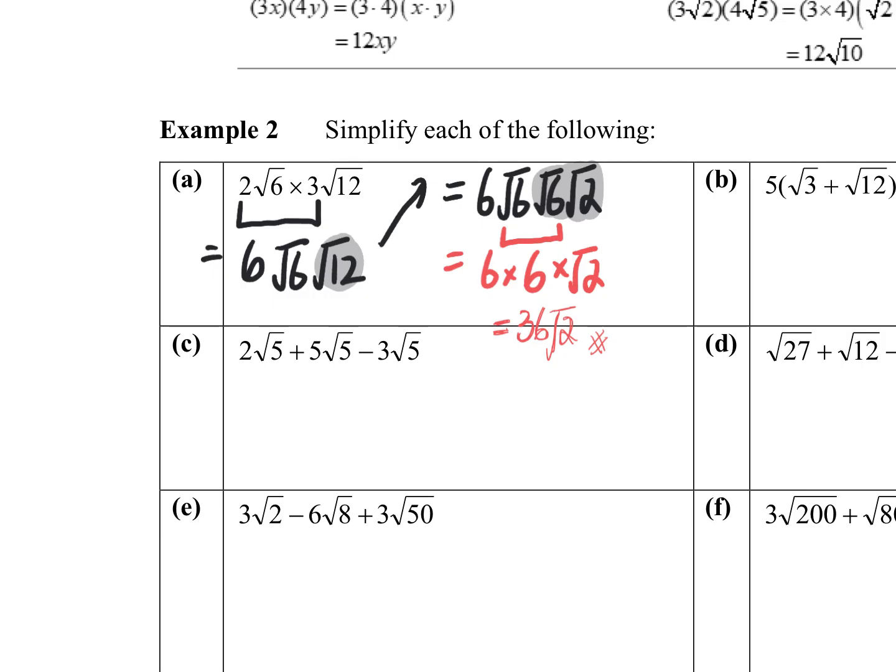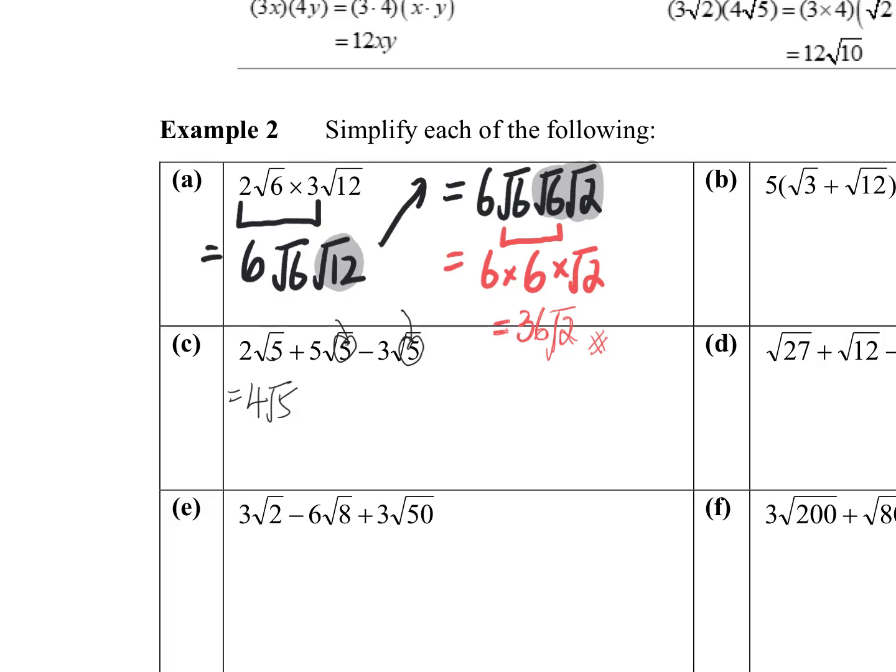Okay, so pretend root 5 is an apple or an X. Just pretend that this is like that. So how can you simplify it? 2 apple plus 5 apple minus 3 apple is, count so long, 4. 4 apple. So instead of apple, root 5.